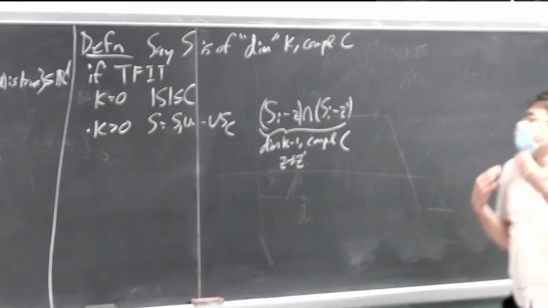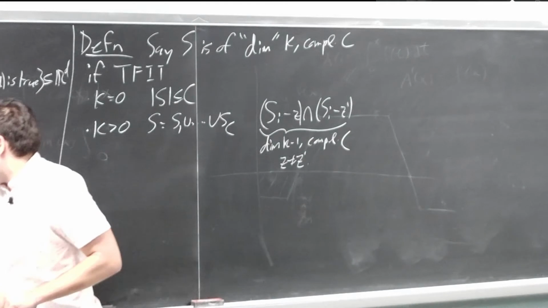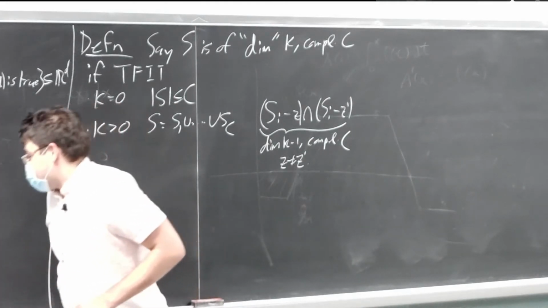So this is kind of the fundamental structure that I claim that these sets have, which is going to allow us to prove upper bounds like this.